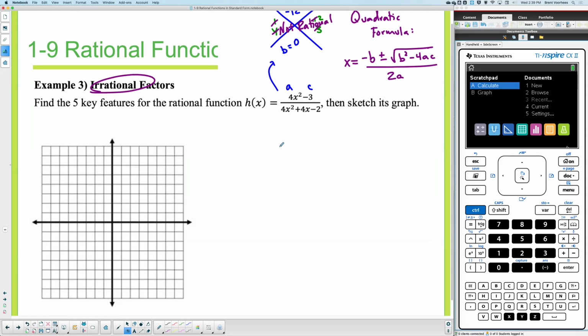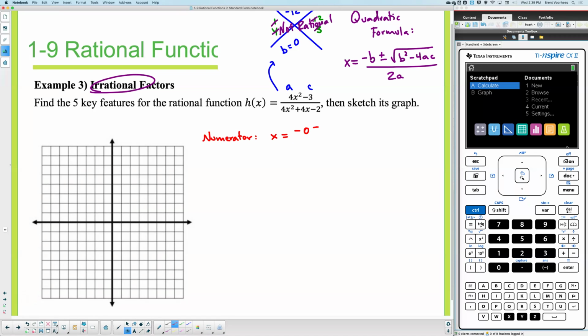So let's find the zeros for the numerator. I'm going to first do the numerator here. Okay, for my numerator, it's going to be x equals negative b. What's my b value? 0.